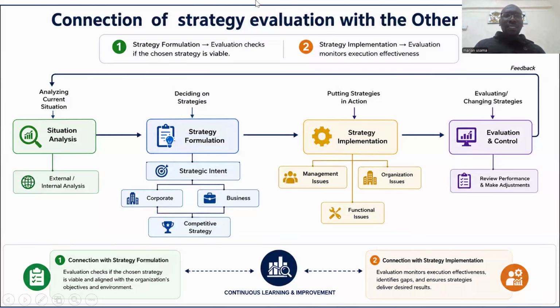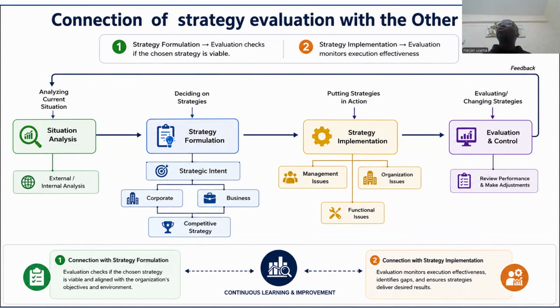So number one, you can see from this image that we have strategy formulation. When we are formulating our strategy, evaluation checks if the chosen strategy is viable. For example, when you are choosing the strategy, we have strategy A, strategy B, strategy C, and D. So evaluation will help us here.